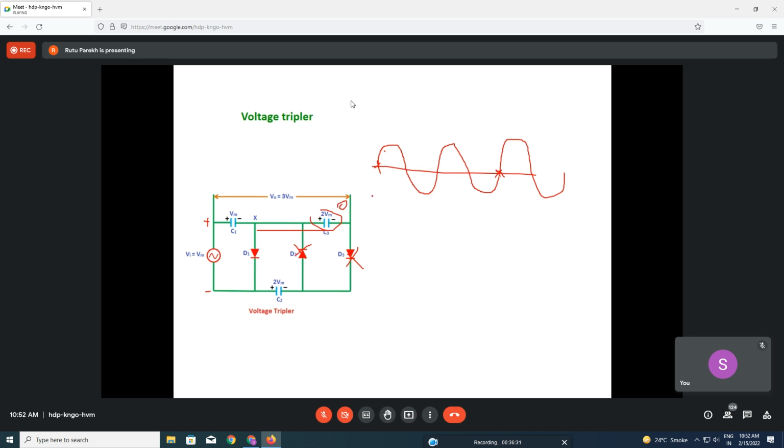I said before also that it will take 2-3 cycles to settle, and then it will remain at 3 VM. So now this voltage is there. This is recurring, this is not the first. In the first pulse, this is already empty, it has to fill up. But when you go ahead, these voltages are established and that will reverse bias.